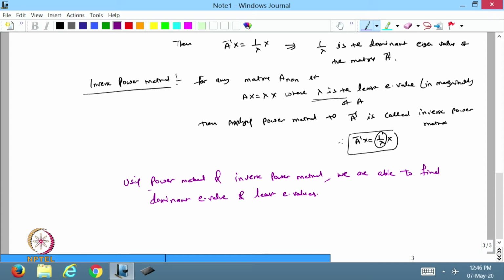So, now we are able to find at least 2 eigenvalues, that is the dominant eigenvalue and the least eigenvalue, and the corresponding x will be the same in both the cases.